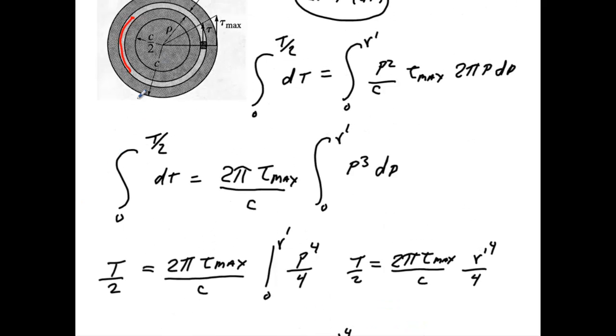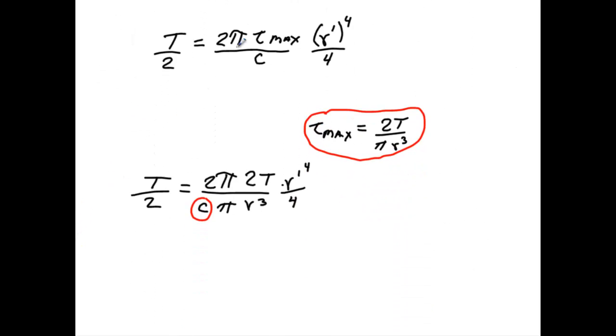Look at here, the c value here is just the radius, so we'll take that back out. Rewrite it one more time: t over 2 is equal to 2 pi times 2 times t times r prime to the 4th power over 4, and down below here I'll put the c, and make the c an r, times pi times r cubed.